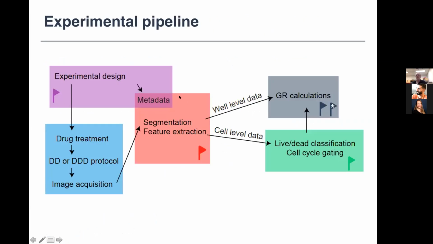Okay, and so this is an overview of the experimental pipeline. It's all kind of interconnected a little bit. So we go from experimental design, which is done computationally, which spits out the drug treatment files, to actually collecting the data, to analyzing the data, and then to interpreting it with GR calculations.